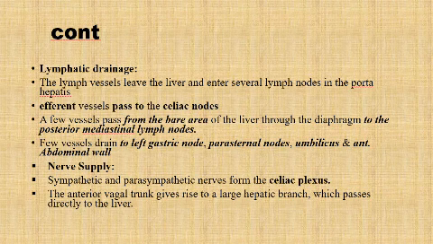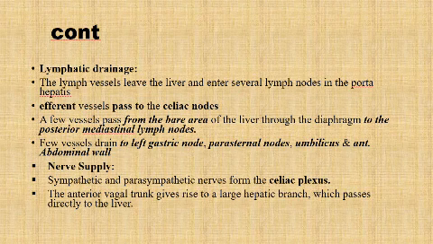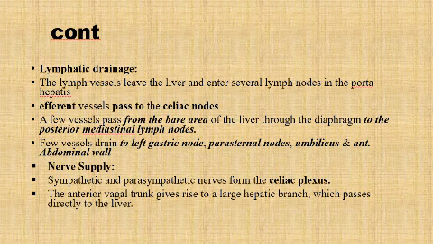The efferent vessels pass to the celiac nodes. A few vessels pass from the bare area, remember, of the liver through the diaphragm to the posterior mediastinal lymph nodes, and here infections can also pass through this lymph to the posterior mediastinal lymph nodes in the thorax. Few vessels drain to the left gastric nodes, parasternal nodes, umbilicus, and anterior abdominal wall.